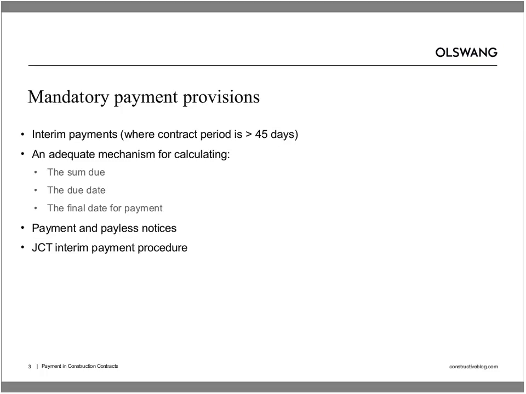And to my mind, there are 3 or 4 key mandatory requirements with which all construction contracts must comply. The first is a right to interim or periodic payments where the contract period is 45 days or more. Now, the Act says nothing at all about the timing and amount of those payments. That's left entirely to the parties.